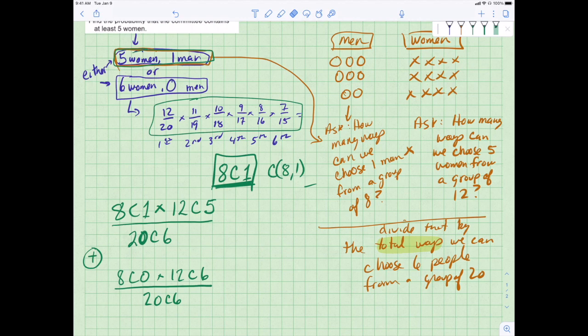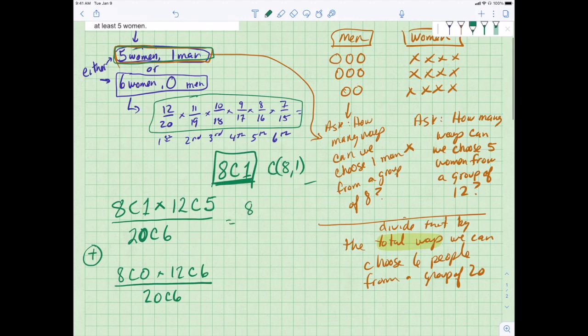Let's do these calculations. So 8 choose 1, we know is 8. 8 choose 0. Anything choose 0 is always 1. You can do the math on that. 12 choose 5, I'm going to punch that into my calculator.